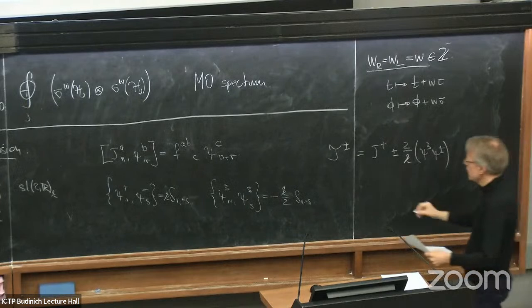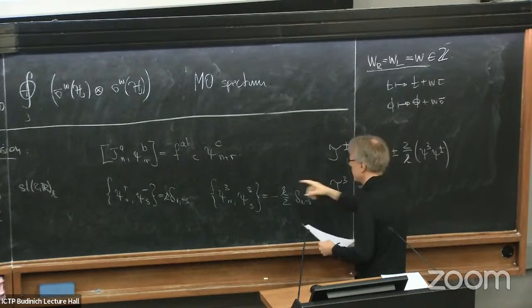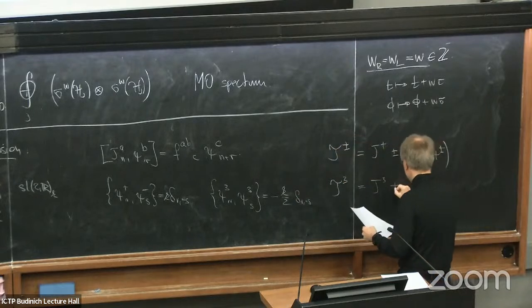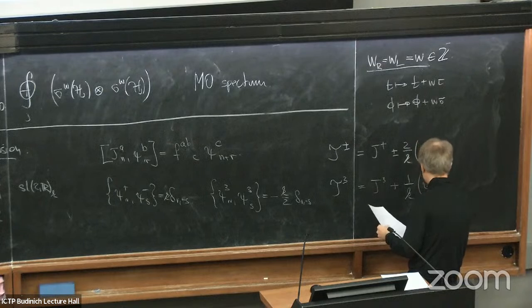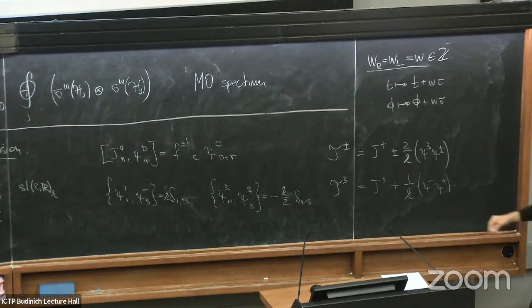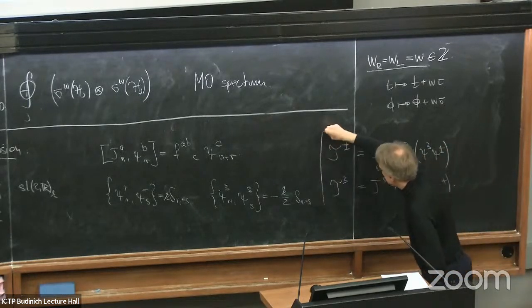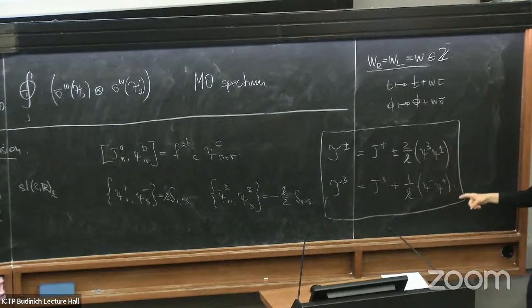And then for J^3, you add to it the term psi^- psi^+. These are to be understood as normal ordered products. So you take your currents and add to them suitable fermionic bilinear terms.